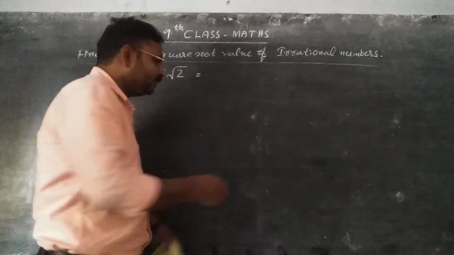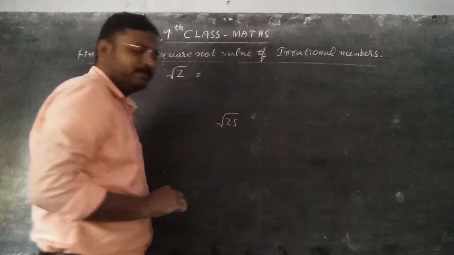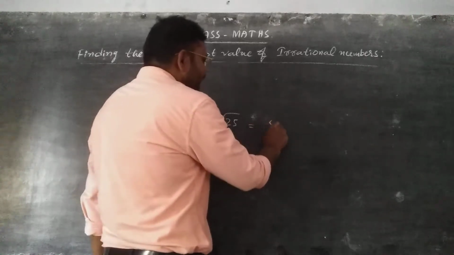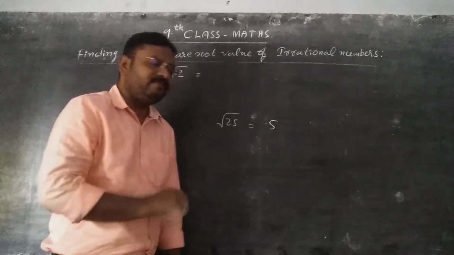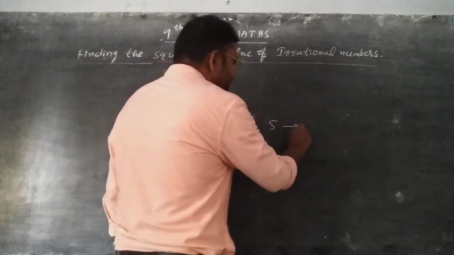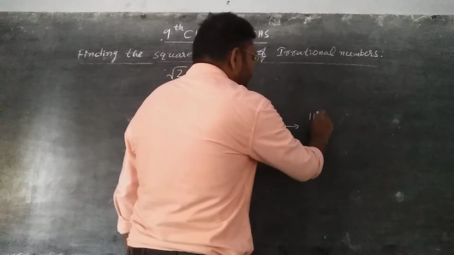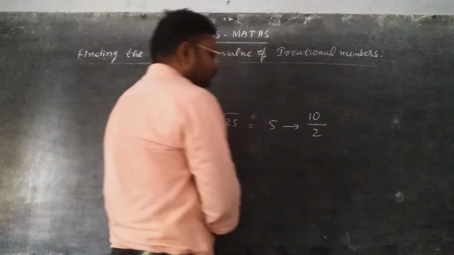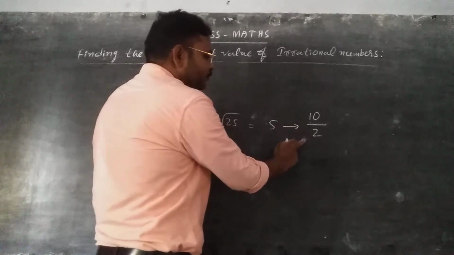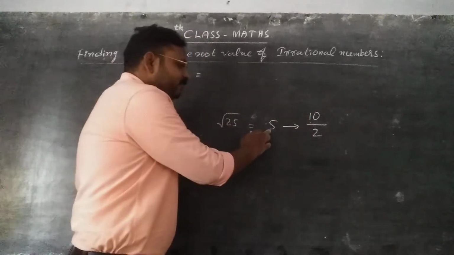For example, suppose root of 25 is there. Its value is equal to 5. This 5 can be represented in the form of p by q, like 10 divided by 2. 5 can be written as 10 divided by 2; the 2 fives and the 2 ones get cancelled, so again we get 5.